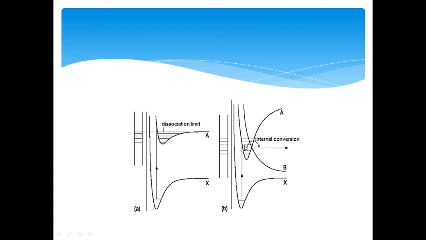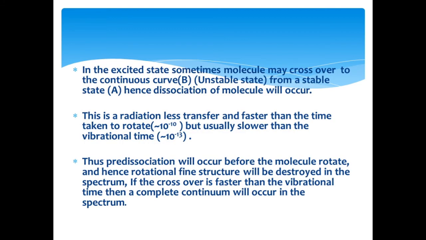Sometimes from here the molecule may cross over to curve B. That means a molecule may transfer from a stable curve to an unstable curve B, and then it will lead to dissociation. In the excited state, sometimes a molecule may cross over to the continuous curve B from a stable state, hence dissociation of the molecule will occur.